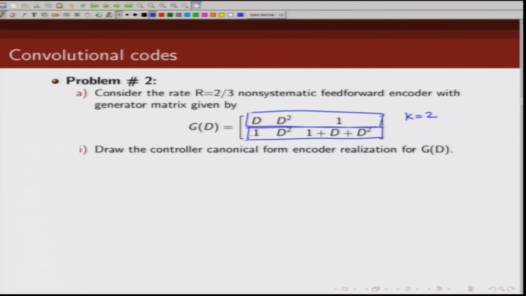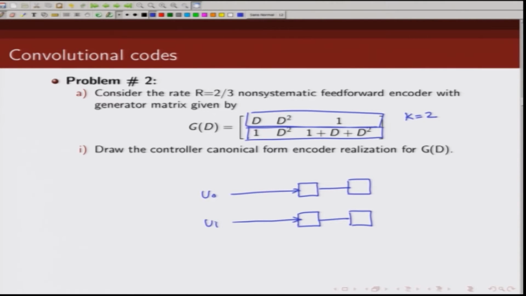What should be the maximum memory for each of these shift registers? You can see here the maximum power of D is 2. So, we should have 2 memory elements for the first input. Similarly, for the second input also we should have 2 memory elements. Let us call the inputs U0 and U1.